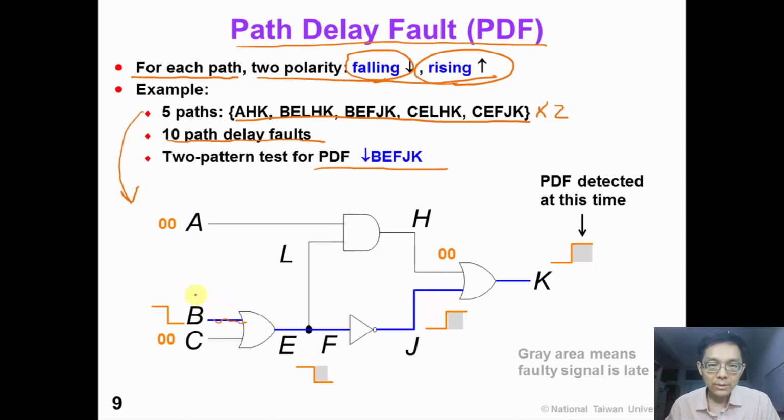Suppose we want to test the falling transition path delay fault starting from the input B. If we apply the pattern 00 for A, 00 for C, we can propagate this transition along this path, and eventually we can detect the fault at the output K. The gray area in this figure means that the faulty signal is later than a good signal.